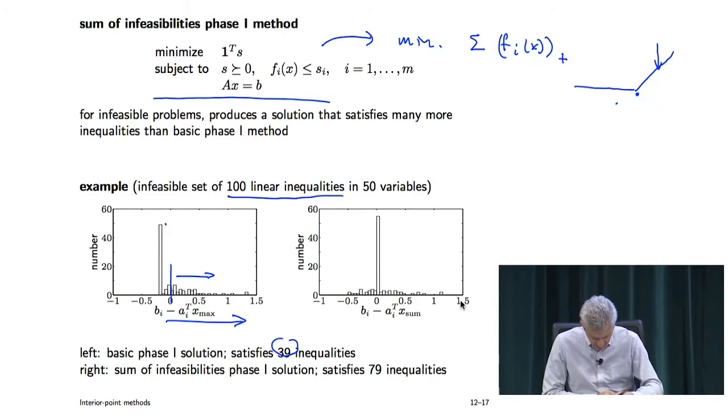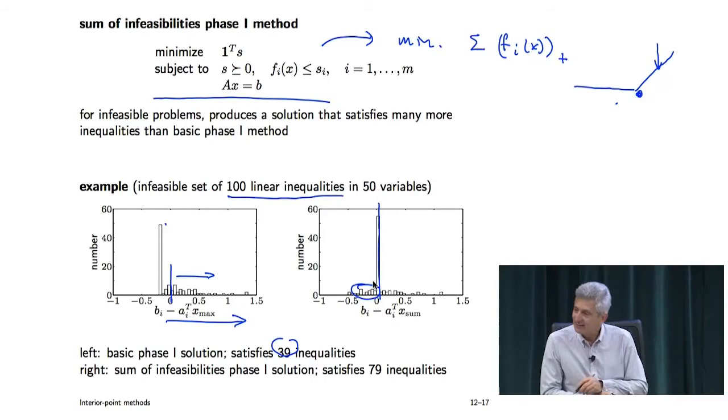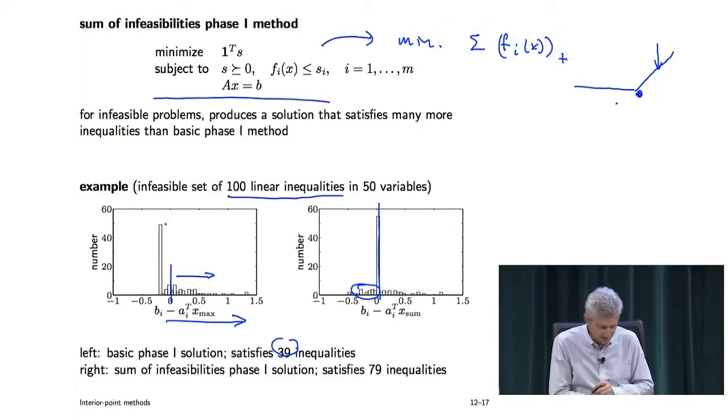So, by the way, what it says is that many of them are satisfied, right? There's a big bump right there. That's a whole bunch of things that ended up right there. It was just as easy. And you have a handful out here that are the ones you cannot satisfy, and so on. Now, this does not compute the point that violates the fewest inequalities, right? It doesn't do that. It's a heuristic for that, but you can see what it does.